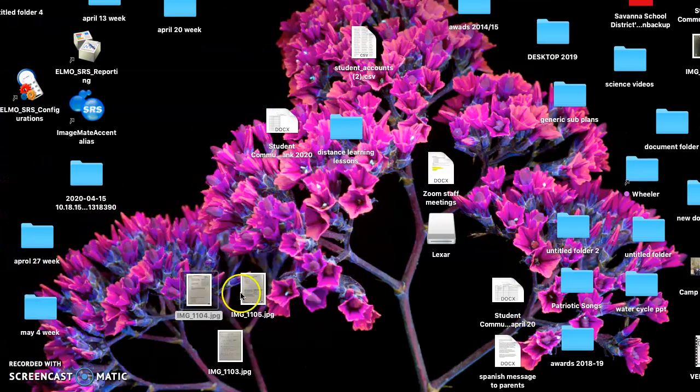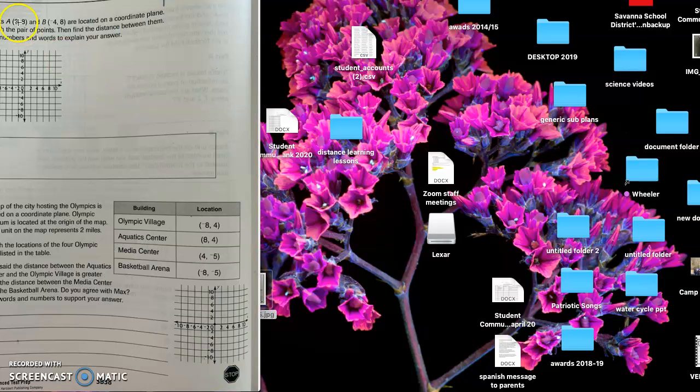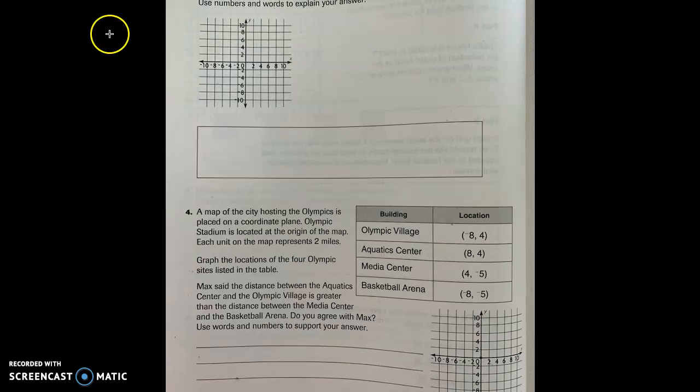Let's take a look at question number 3. On question number 3, you're going to graph 3, 8 for A. Now notice on your coordinate plane, you're counting by 2's. So think about where the number 3 would be on this x-axis.